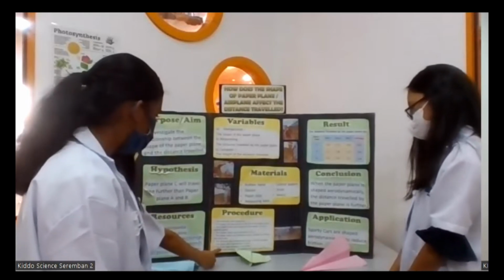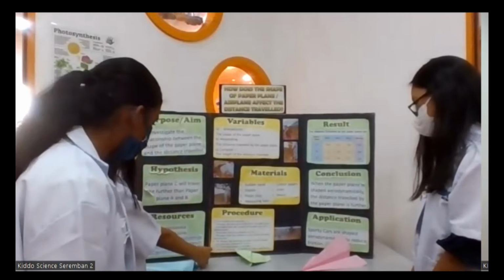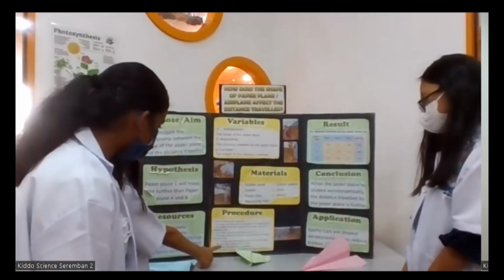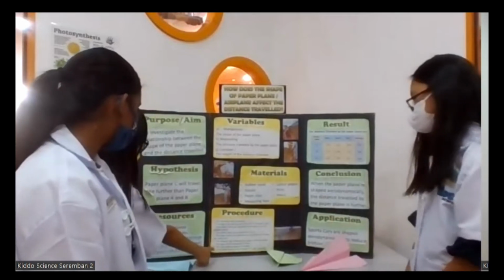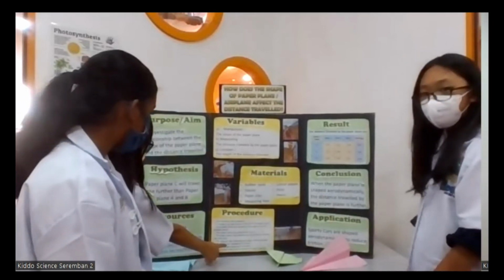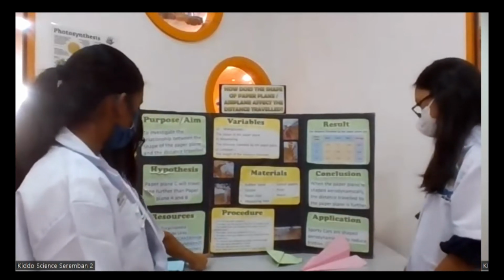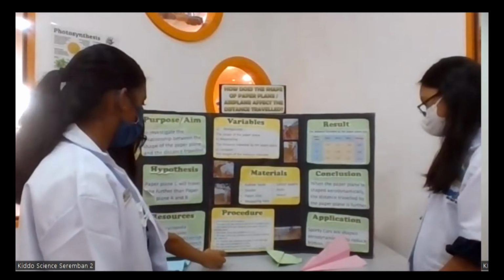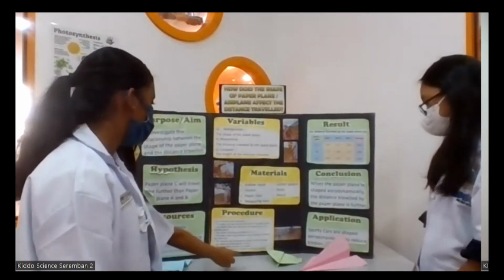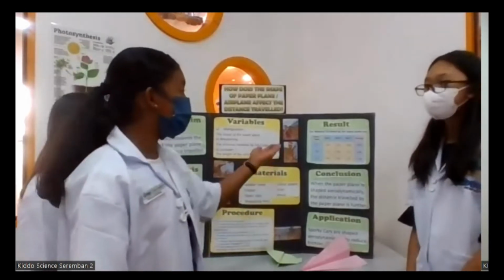Number six, the distance was measured using a measuring tape. Number seven, the steps were taken three times. Number eight, the result was recorded on paper. And number nine, all the steps above were repeated for paper plane B and C.